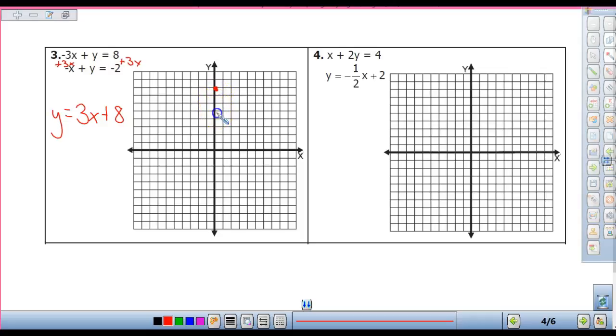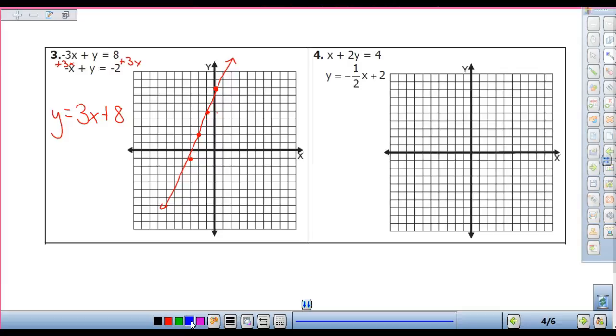Okay, you can always check your line by asking, is my slope positive or negative? It's a positive 3, and if I look at my line, does it go uphill?